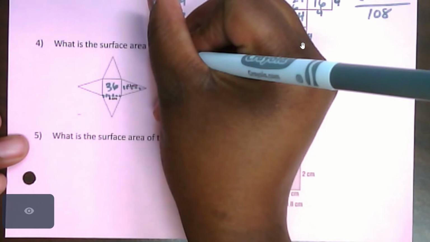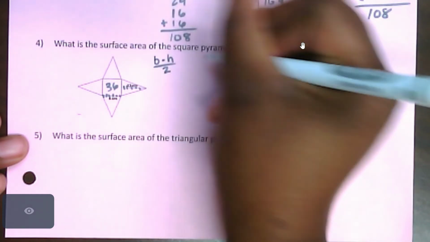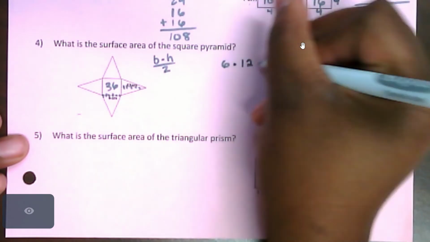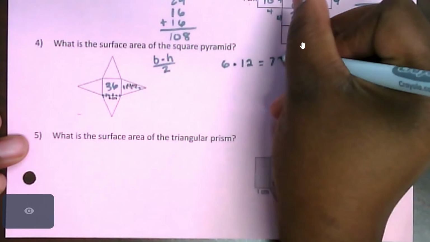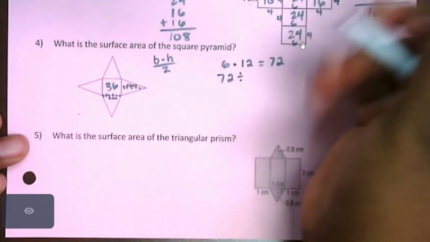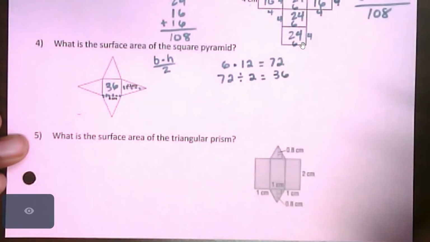I know that the area of a triangle is base times height divided by 2. So my base is 6 times my height of 12. That equals 72. Now I take my 72 and divide that by 2, and that equals 36.